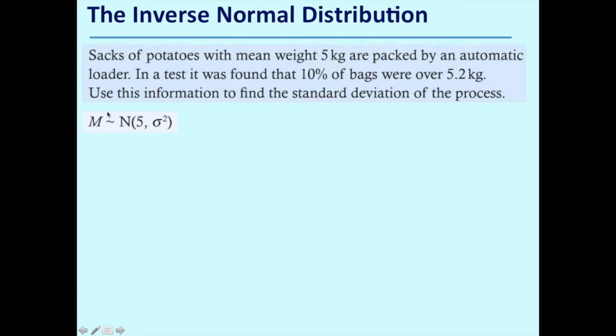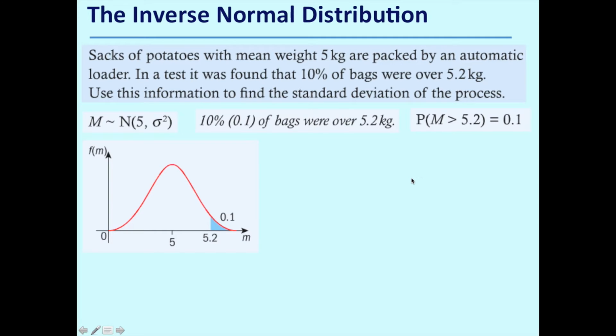The mass of the potatoes then is normally distributed with a mean of 5 kilograms and a standard deviation sigma. We're told that 10% of the bags were over 5.2 kilograms. So we know the probability that M is greater than 5.2 is 0.1. This isn't the standard normal distribution, but we can use the same trick that we used before by transforming it.